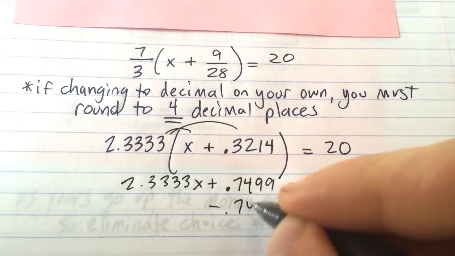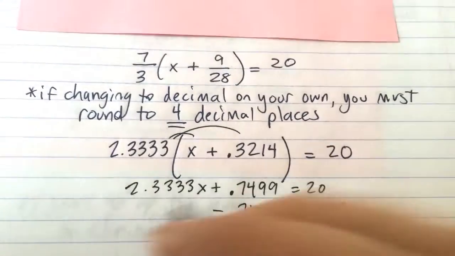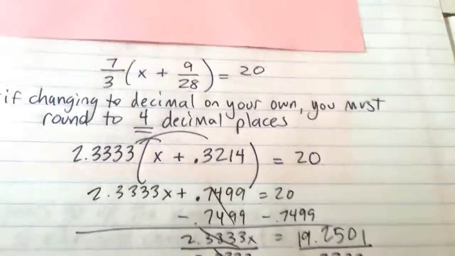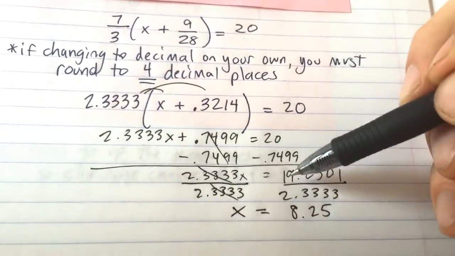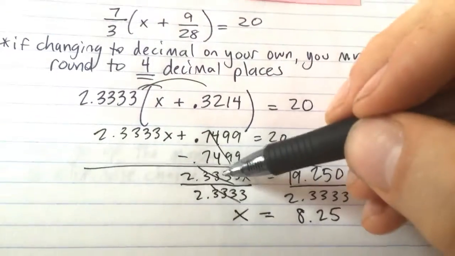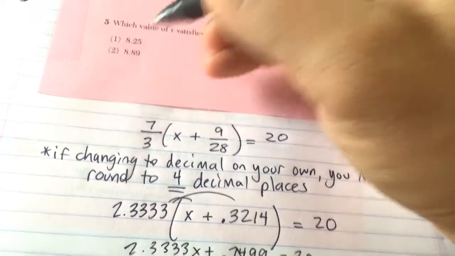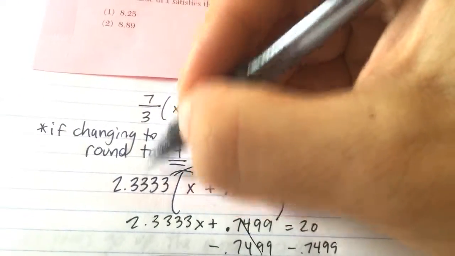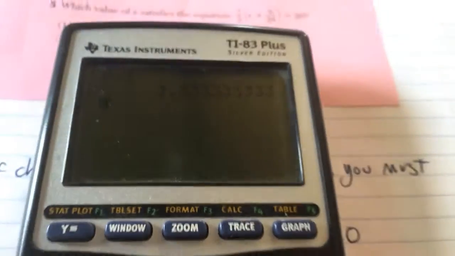And then I'm just going to solve this as a normal equation. 19.2501 divided by 2.333, I get 8.25, choice number 1. Now remember, I get the decimal equivalent just by performing the division. 7 divided by 3, I get 2.33.